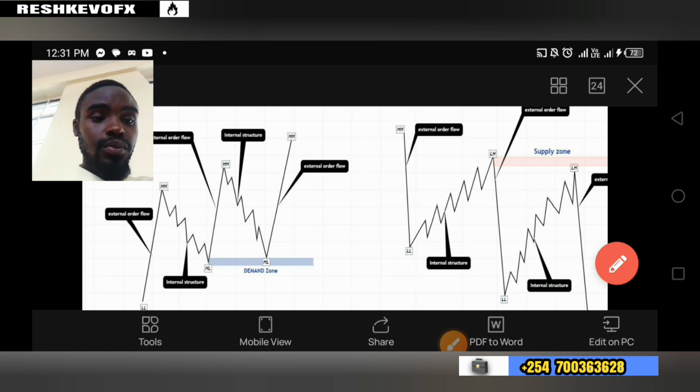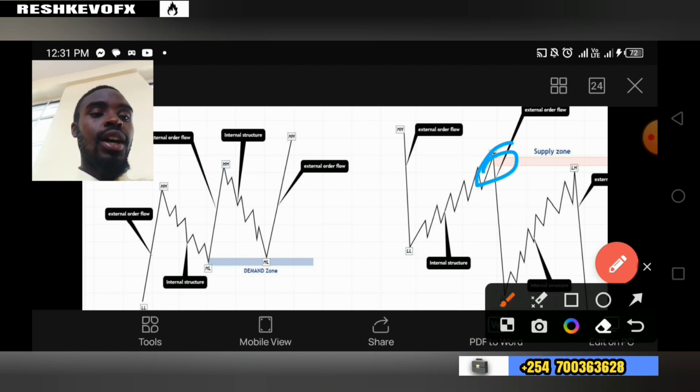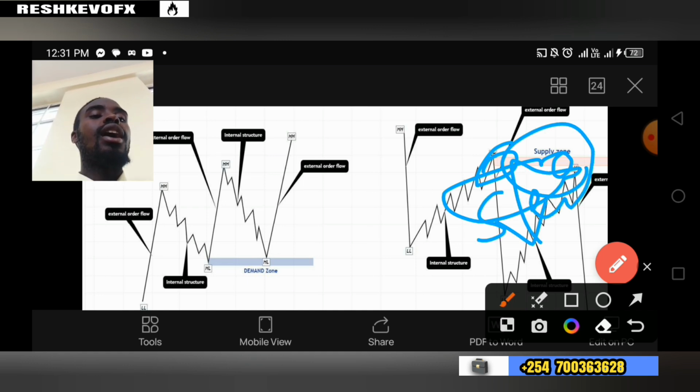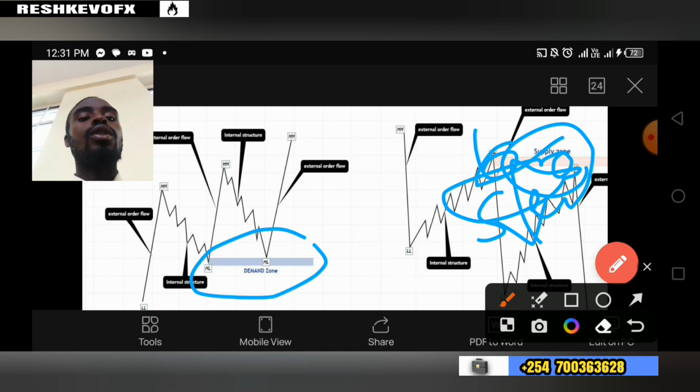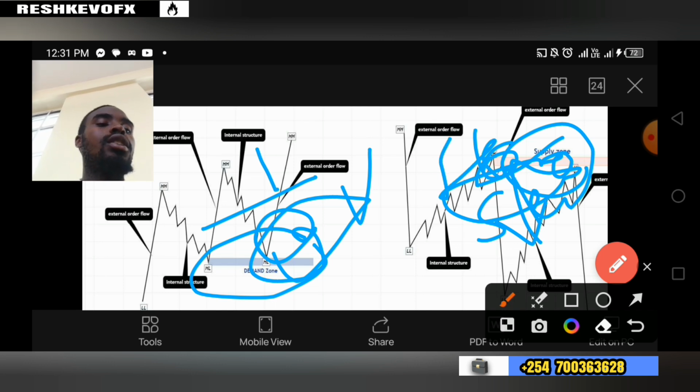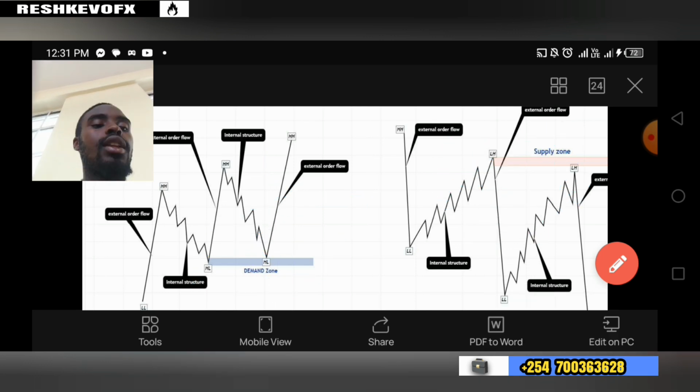For this second example, the order flow is sellers, the supply. The order flow here is a demand. So we are looking for buys, we are looking for sellers. That's all. Let's go to another example.